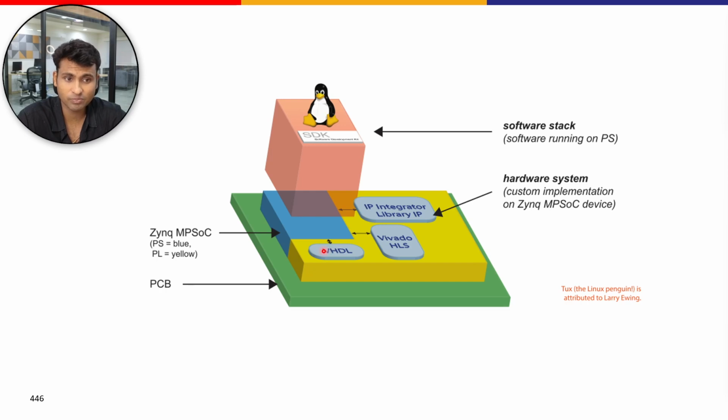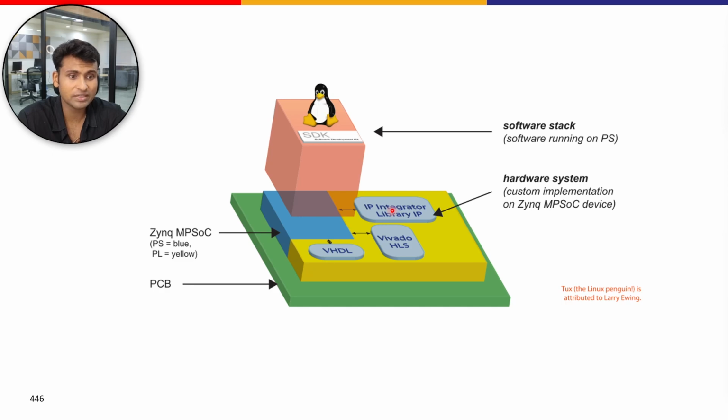Then the PL can directly use VHDL or Verilog, which are the traditional hardware description languages used for designing custom logic, which is particularly useful when you want precise control over what hardware you deploy. Then we have a very interesting thing which is called the IP integrator tool.